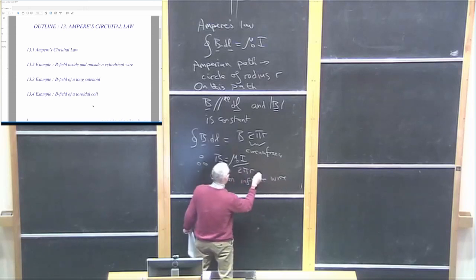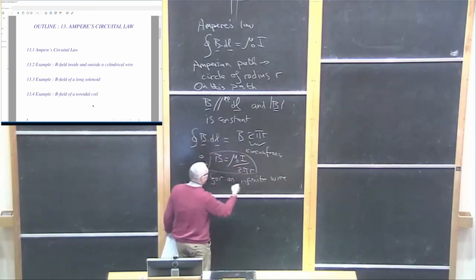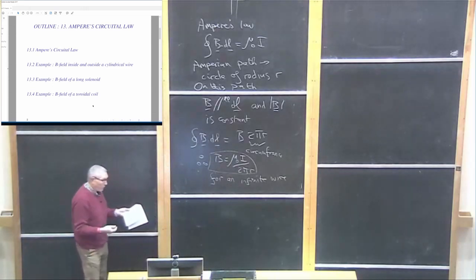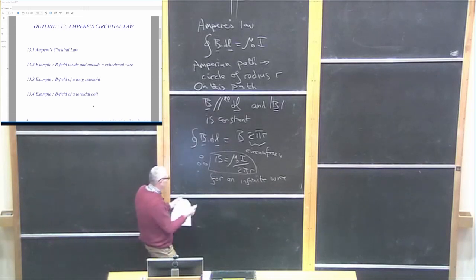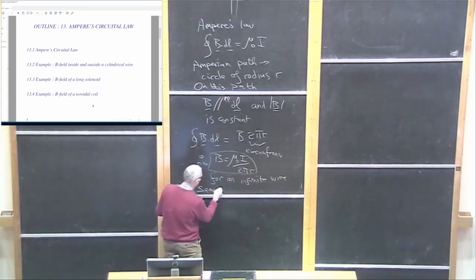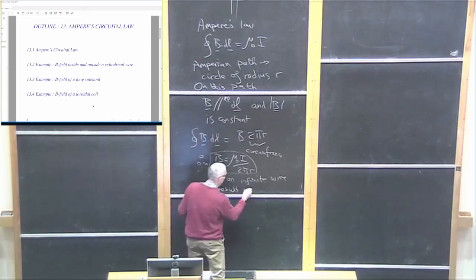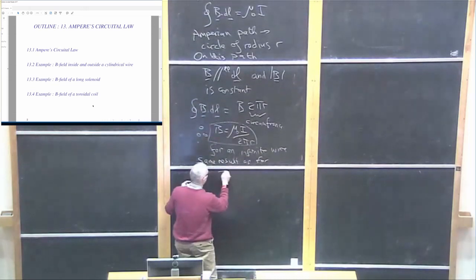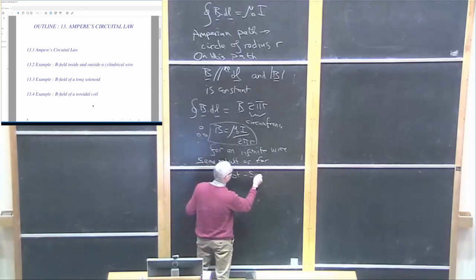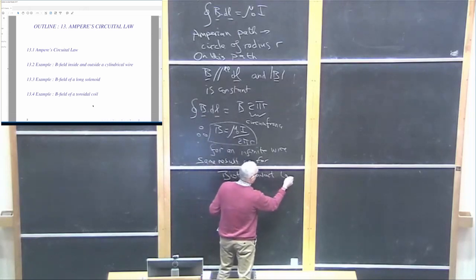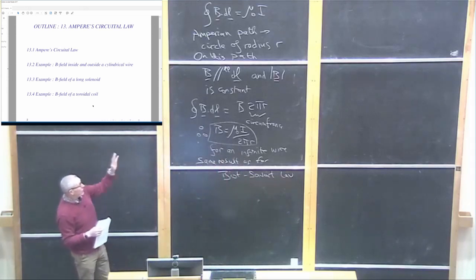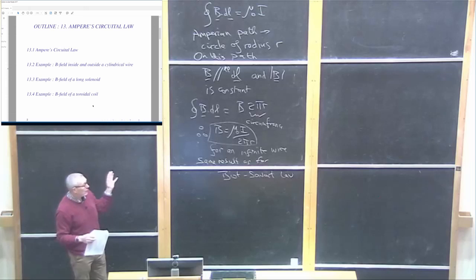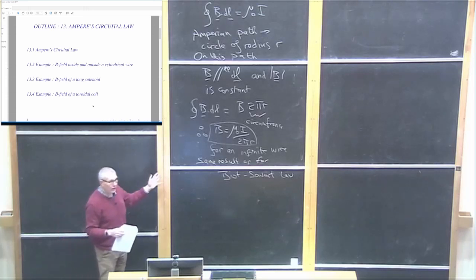And this is exactly the same result I got with the Biot-Savart law a couple of lectures ago. If I start with this method, you can see, because of the symmetry of the problem, it is so much easier to use Ampere's law to calculate the field.